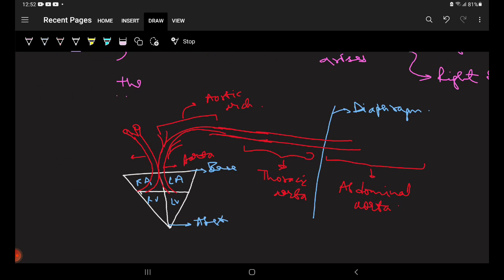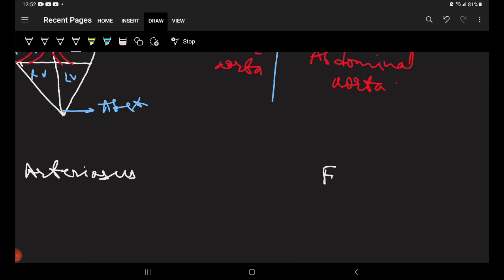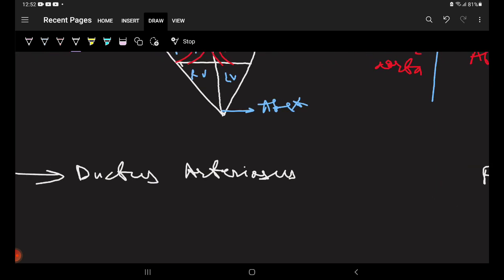We got distracted from the heart. Now we have to study two important structures. First is called the ductus arteriosus, and the other is called the foramen ovale.